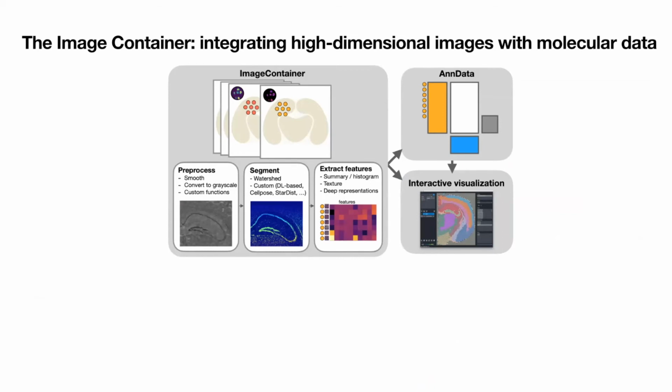And it's designed to be quite flexible and quite fast to use, because we use Dask to lazily load these large images. If you've ever worked with histological images, you know that they can be quite large, and it's not really possible in some cases even to load them all into memory at the same time. And this is why this image container is designed to deal with this by just lazily loading whatever regions you're currently interested in.